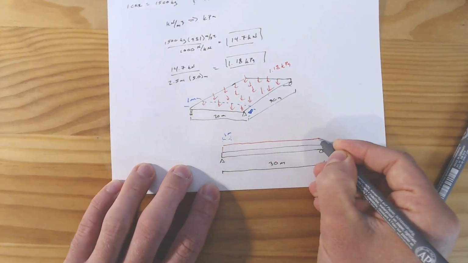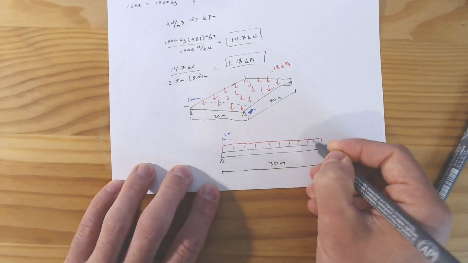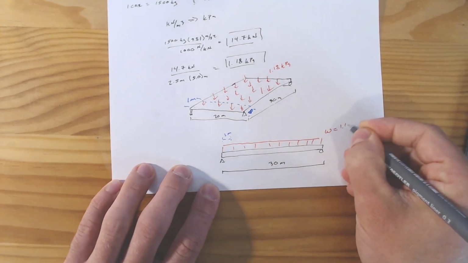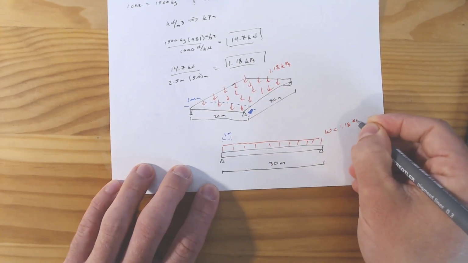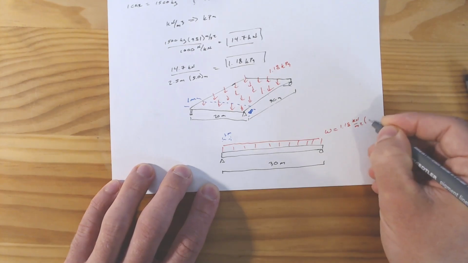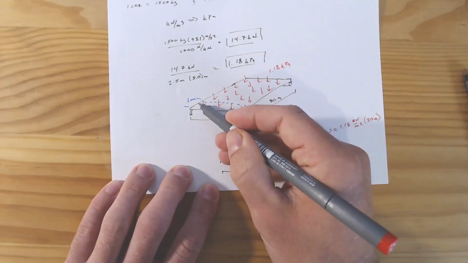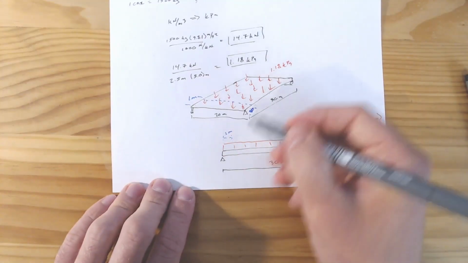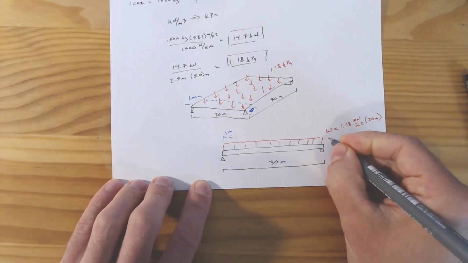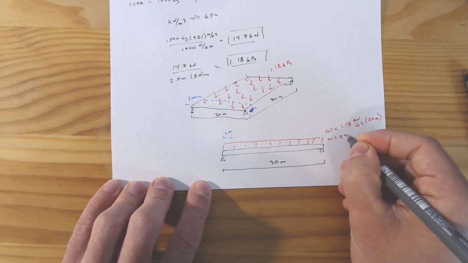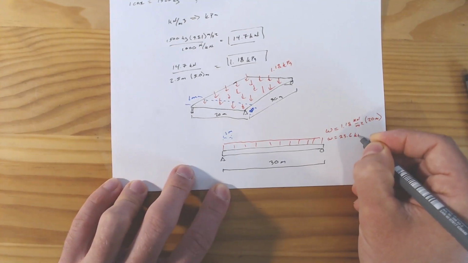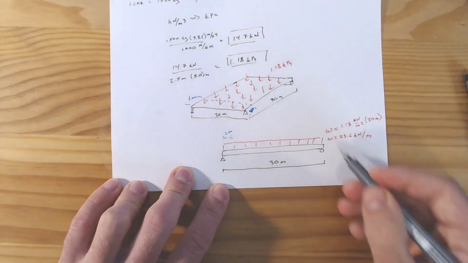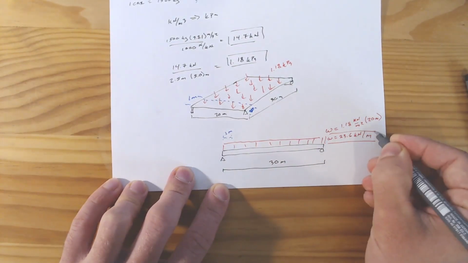So if we come across here, we would have W equals 1.18 kilonewtons per meter squared times 20 meters, because over this 20 meters, for this 1 meter length, we know all 20 meters is going to act, and so that would then take us down to W equals 23.6 kilonewtons per meter, and that's this 1 meter length here, and then we know we have that overall 30 meters.